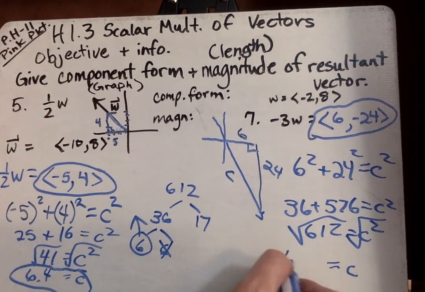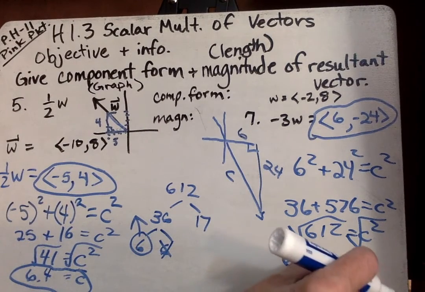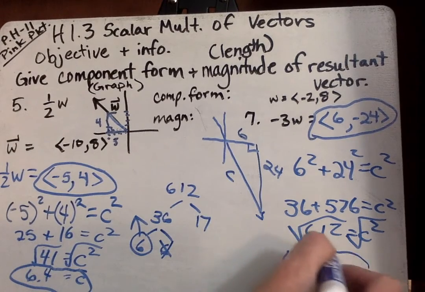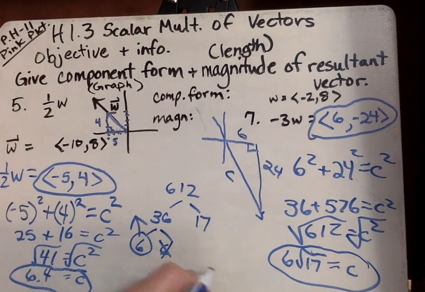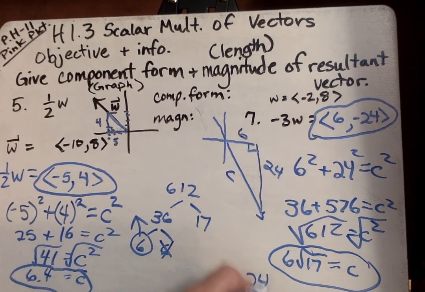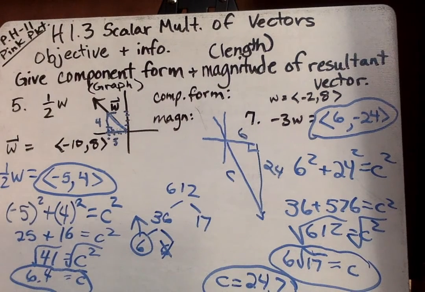So it equals 6 square roots of 17. Now, if I also want it in decimal form, so I can just put it in my calculator, 612 square root is 24.7. So you have 1, 2, 3 answers, okay?